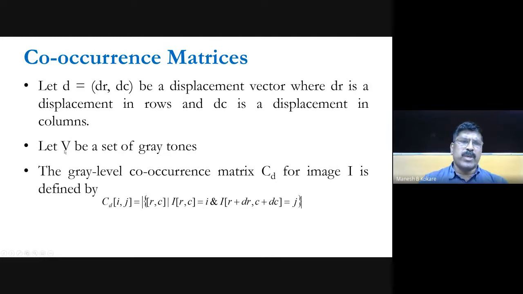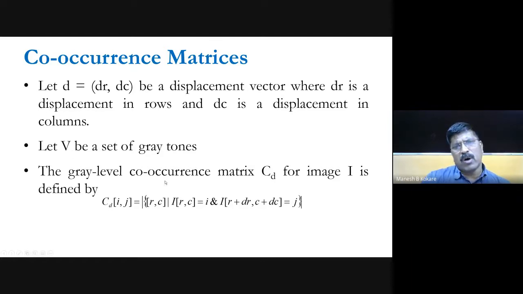And V is the set of gray level tones. As I said, this value will vary from 0 to 255 in the case of gray level; in the case of binary, it will be 0 and 1, and so on.